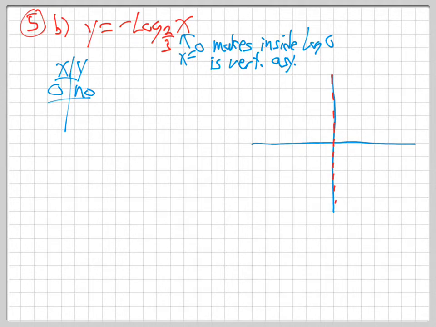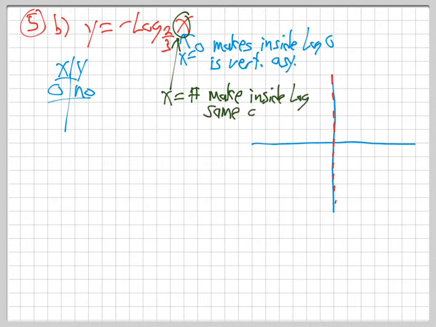Now, what do we want to do from here? The other thing we want to plug in is x equals whatever number makes the inside of the log the same as the base. We always pick x to make the inside 0 and to make the inside the same as the base. So that would be 2/3.